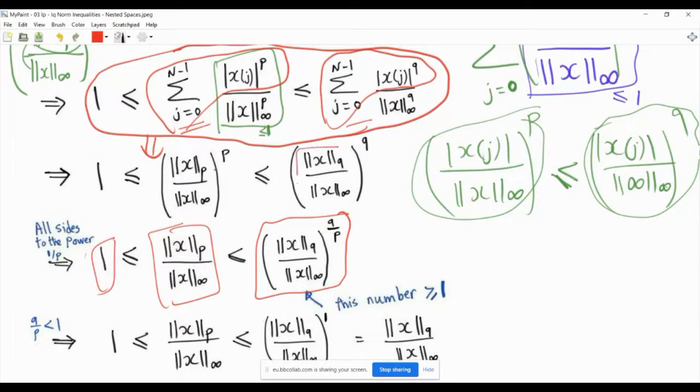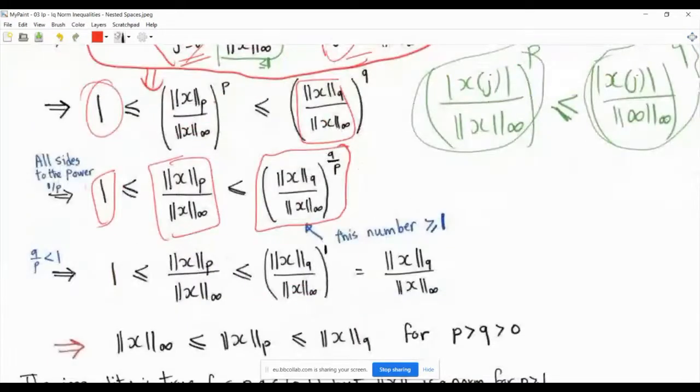Again, the summation itself, each one is greater than or equal to 1. So this term is raised to the power q over p. It's a number greater than 1, raised to the power q over p, which is less than 1 because q is less than p.